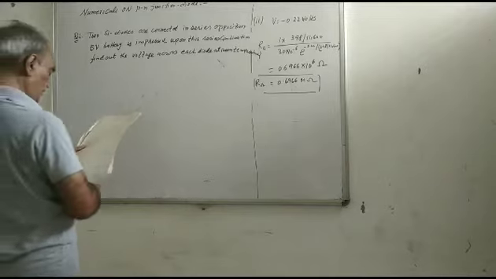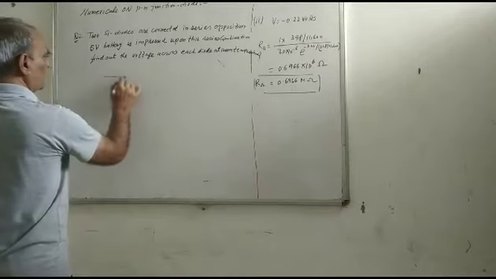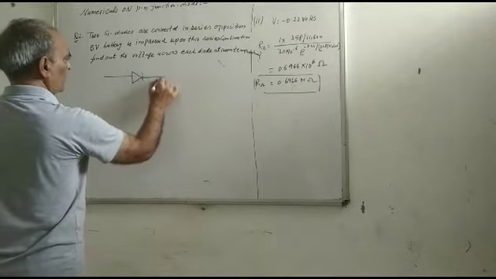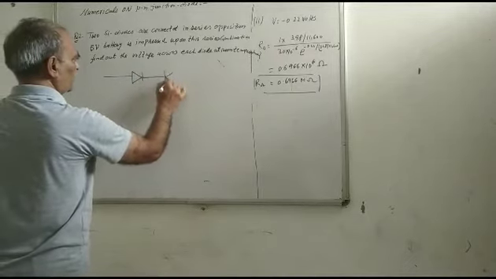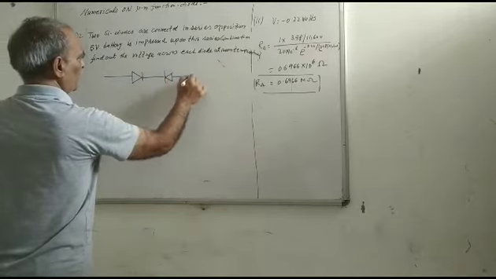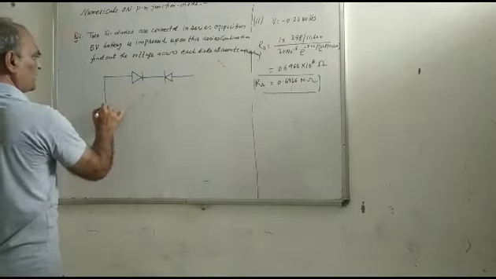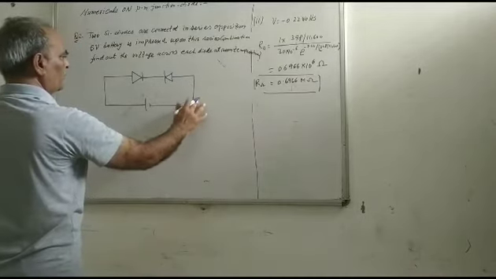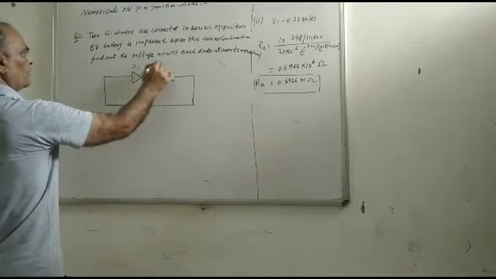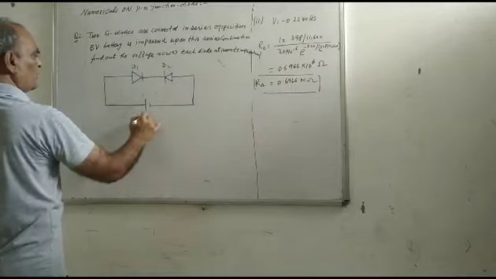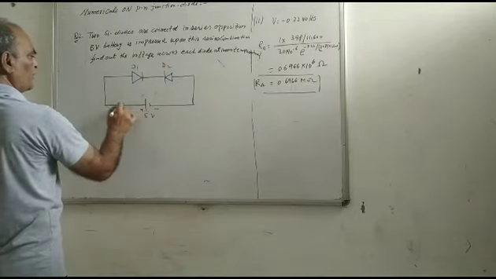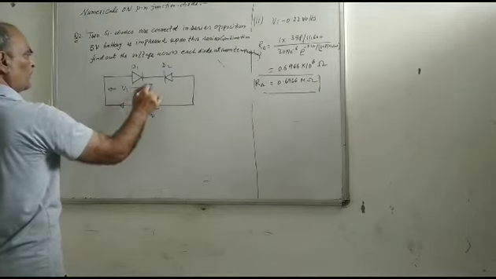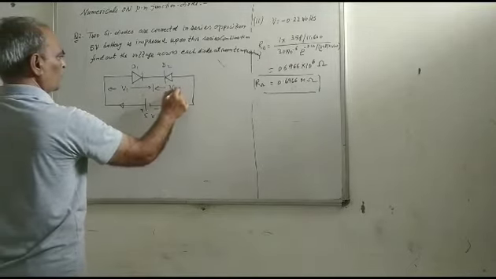Now, the combination of the two diodes is of this type. Two diodes are connected in opposition, and a 5-volt battery is connected across this combination. This is diode D1, this is diode D2, this is the 5-volt battery, and the voltage across D1 is V1, across D2 is V2.